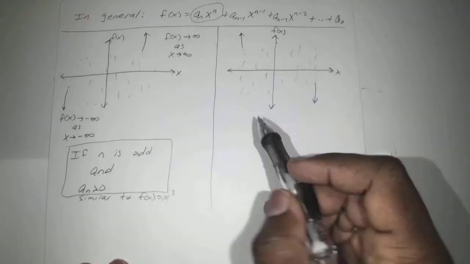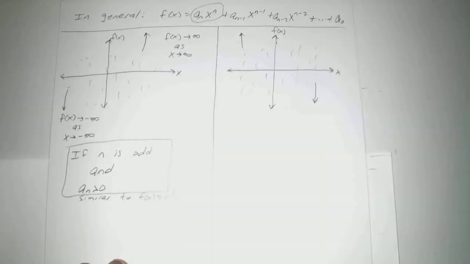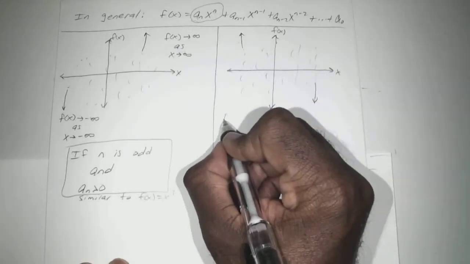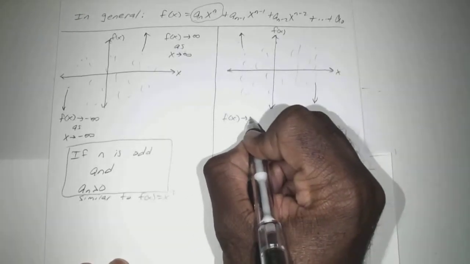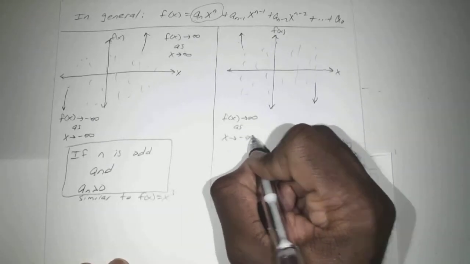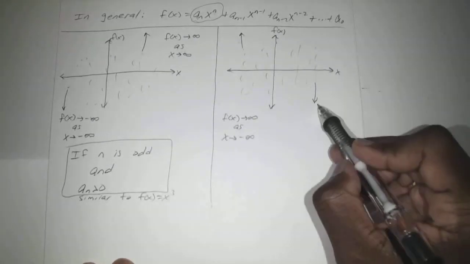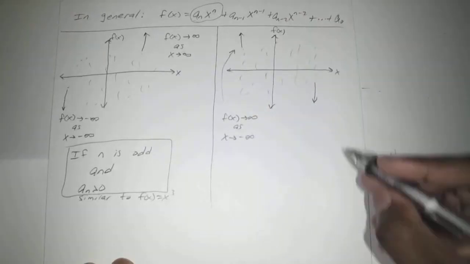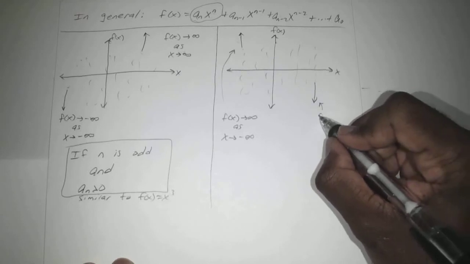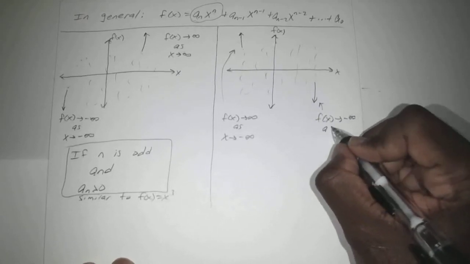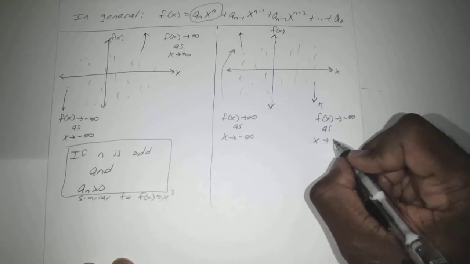But for the endpoints, we know that f of x approaches infinity as x approaches negative infinity. And for this endpoint, I'll draw a little arrow up there. And for this one, f of x approaches negative infinity as x approaches infinity.